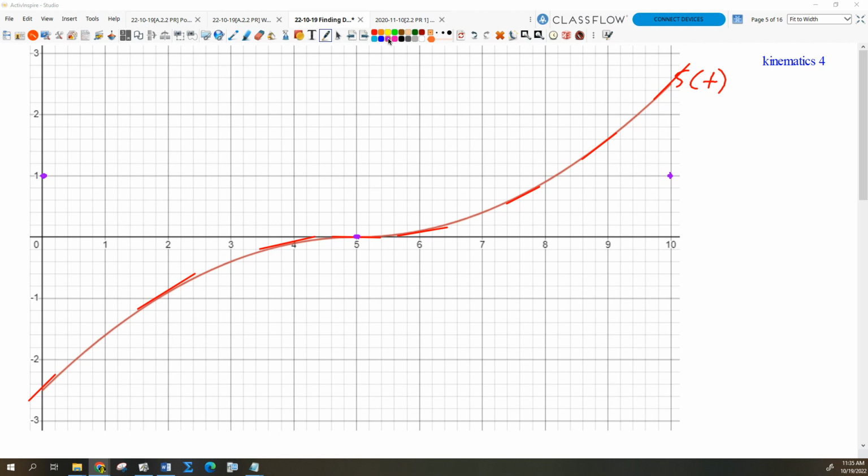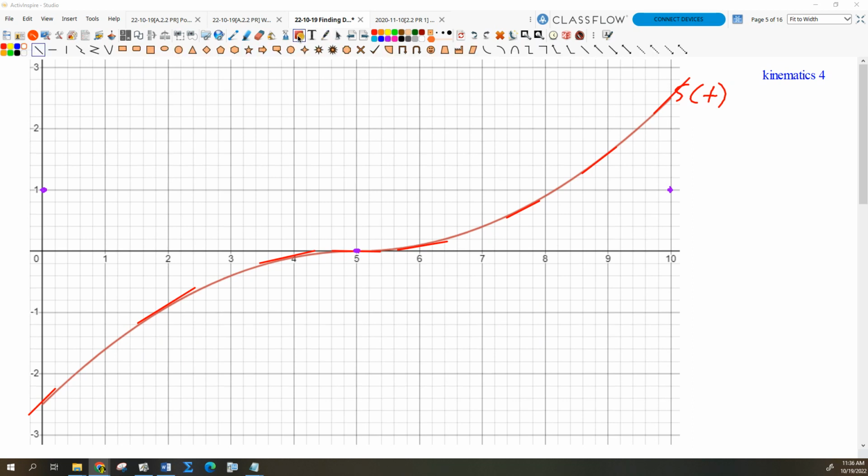It's getting less positive, 0, small positive, bigger positive, bigger positive, bigger positive, right? But we'll assume that they're lines, because we're just assuming that the velocity is changing smoothly, changing regularly, okay? So then we just end up with this picture.